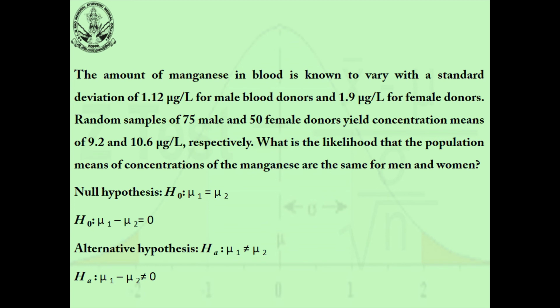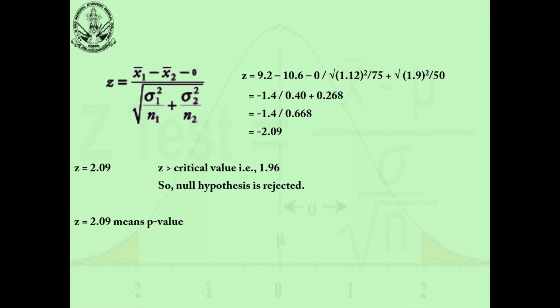Based on that, if we use this in our formula, we have x1 bar given and x2 bar given, because the means are in the problem. The random sample of 75 male and 50 female donors yields concentration means of 9.2 and 10.6. 9.2 microgram per liter is given for male, that's x1 bar, and 10.6 microgram per liter is given for female, that's x2 bar.